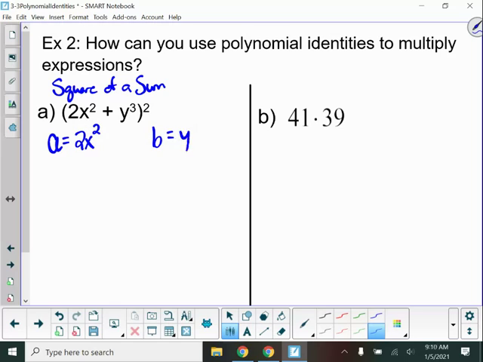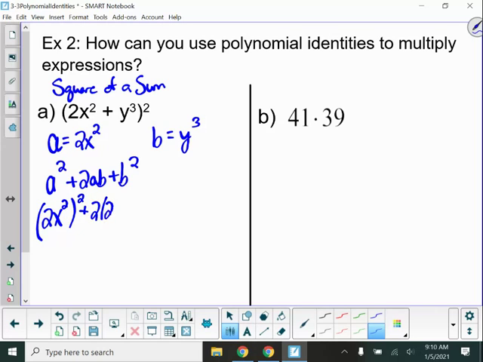B term is what comes second, which is the y cubed. And then we are going to plug both of those terms in. So the formula is a squared plus 2ab plus b squared. So I have 2x squared squared plus 2 times 2x squared times y cubed plus my y cubed squared.